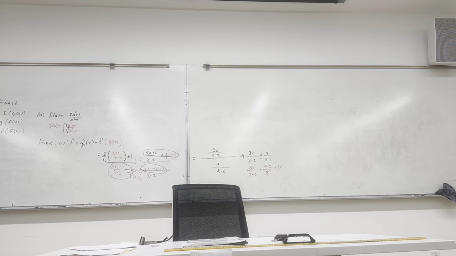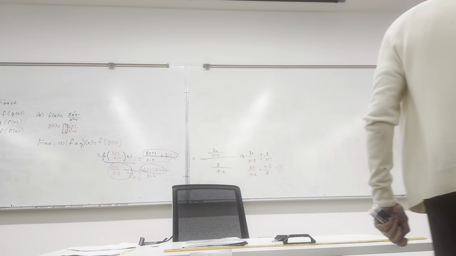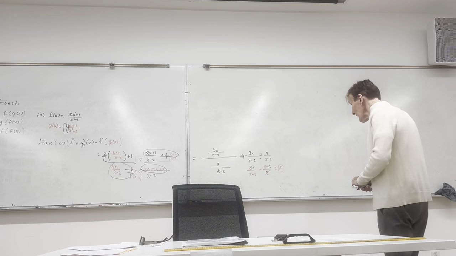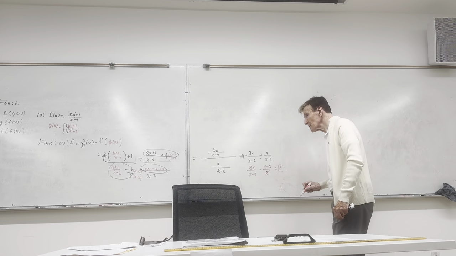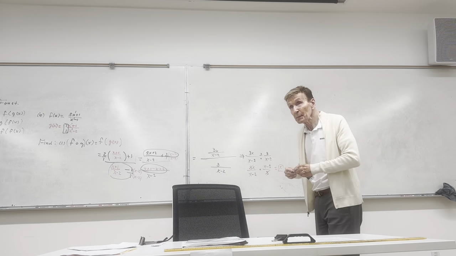Which can happen. Now I've got something else to say though when it does happen. This one came out to be just x. The composite came out to be x when you put the two functions together. Guys, I got to put a little restriction here though. That's my composite. Now, how did I form the composite?